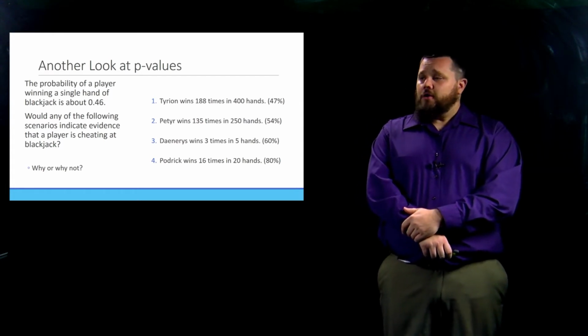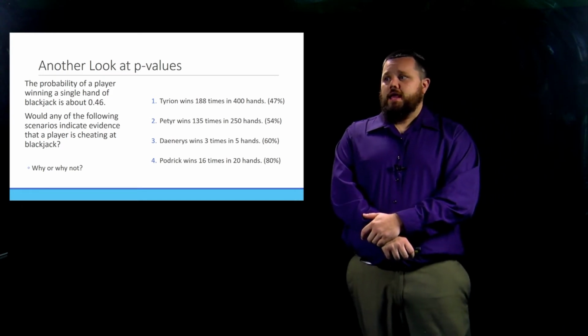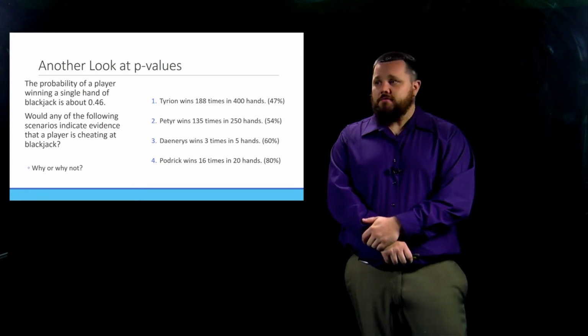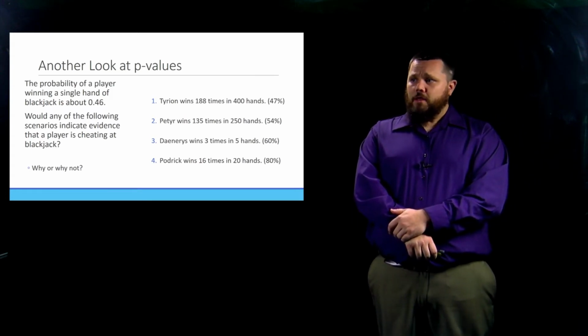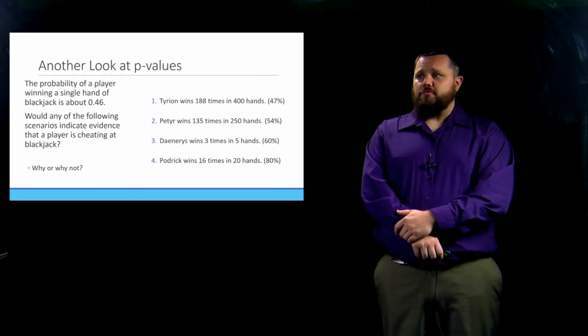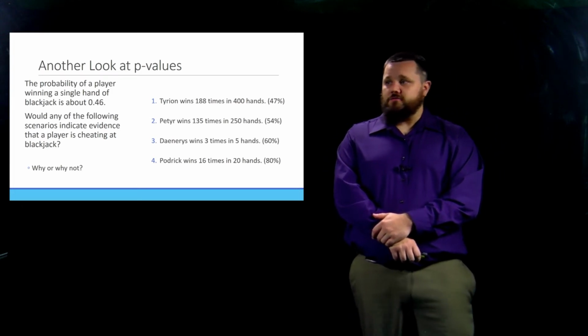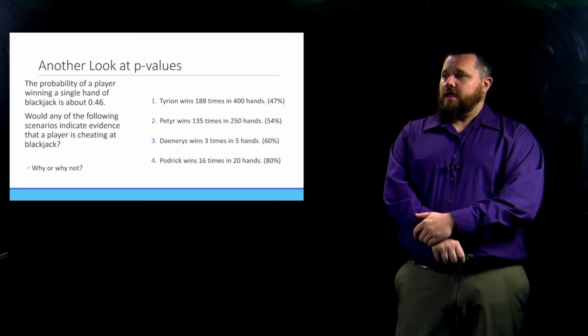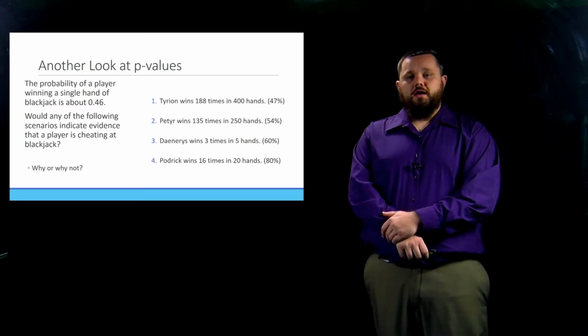So first off, we have that Tyrion wins 188 times out of 400 hands. That would be 47%. Peter wins 135 out of 250 hands. Denarius wins 3 out of 5 hands, and then Podrick wins 16 out of 20 hands.